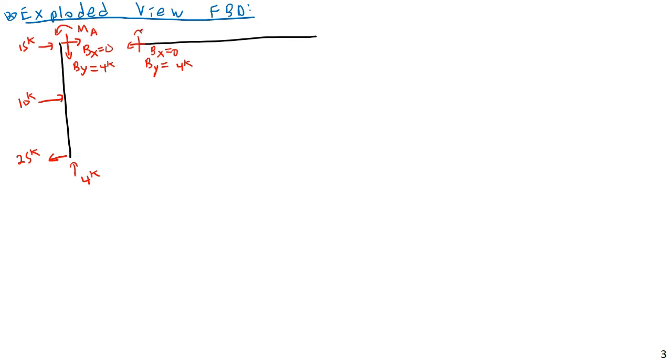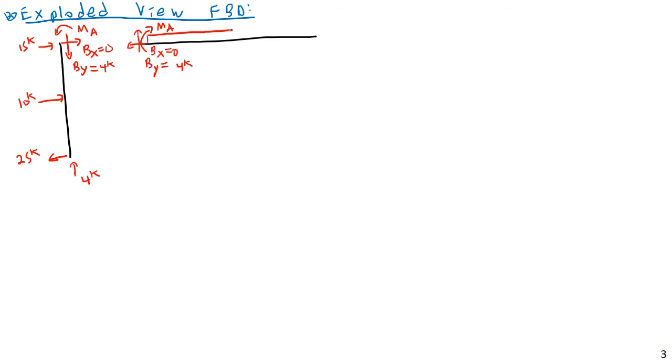And then I have an MA. I just went ahead and assumed this one was acting counterclockwise, which means this one will act clockwise, although I could easily assume the other direction.